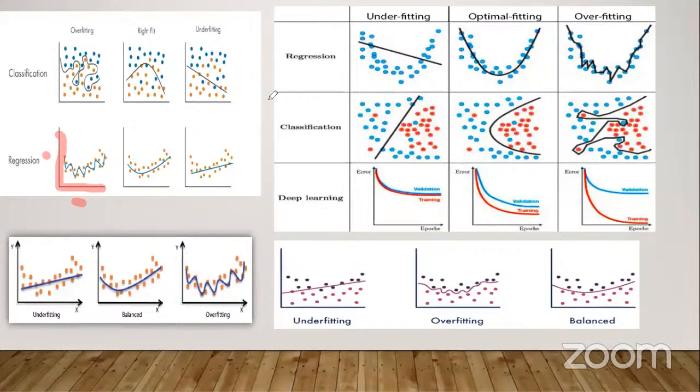In regression, what we usually do is try to fit a line which will pass through the maximum number of data points. Instead of that, if we put a line which goes through almost all the data points, covering all of them, then whatever accuracy I measure will be 100%, because I'm passing through all the data points. Which is wrong, right?